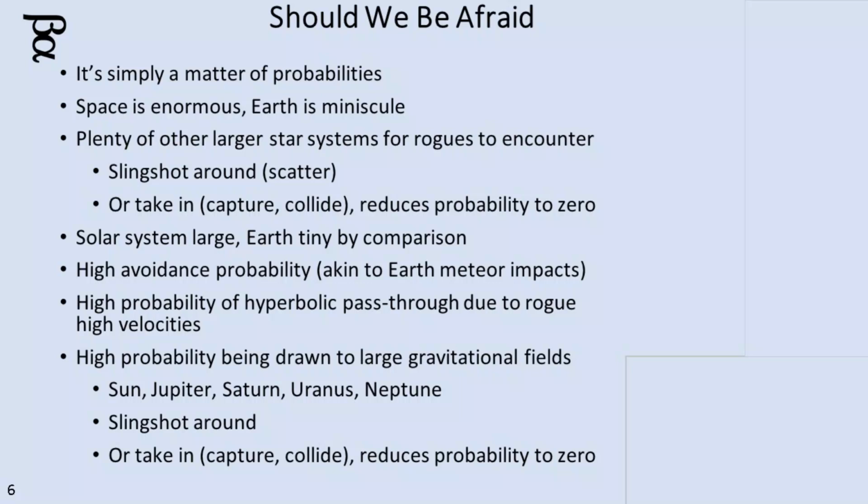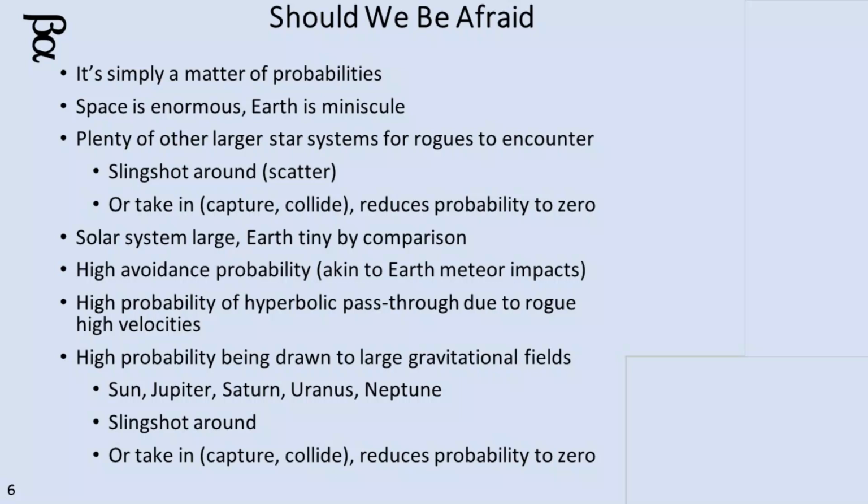A solar system is large. Earth is tiny by comparison. There's a lot of open space. Think of it as there are meteors that hit the Earth on occasion. The ones that encounter populated areas or high population densities are few and far between because the Earth has a lot of ocean space. And if it doesn't cause a tidal wave, a meteor can land in the ocean and nobody saw it happen.